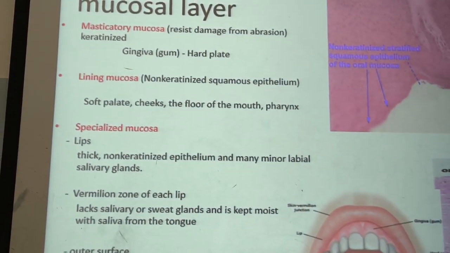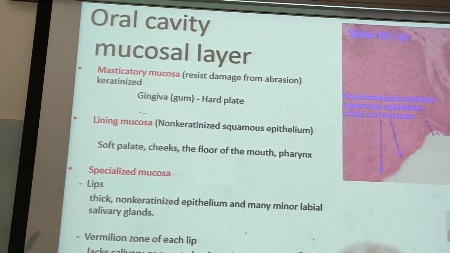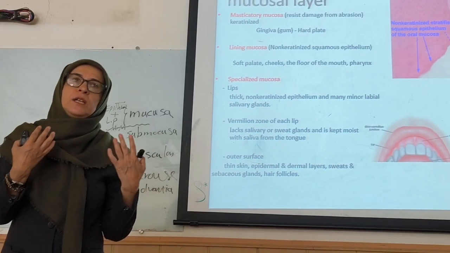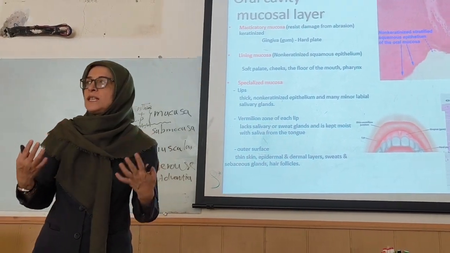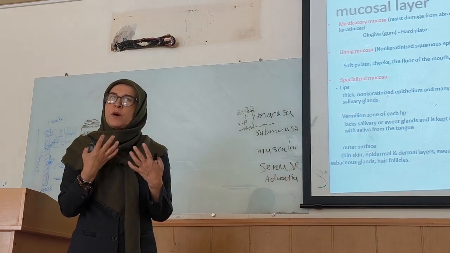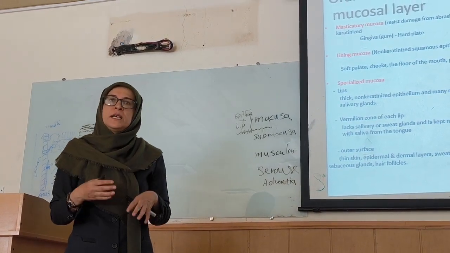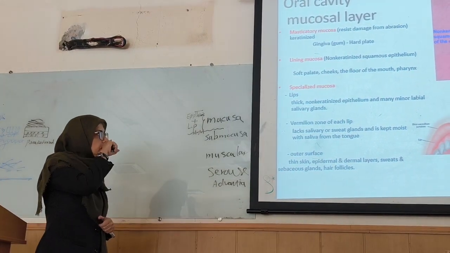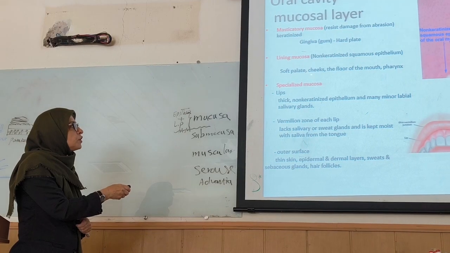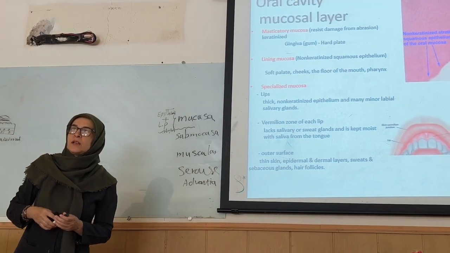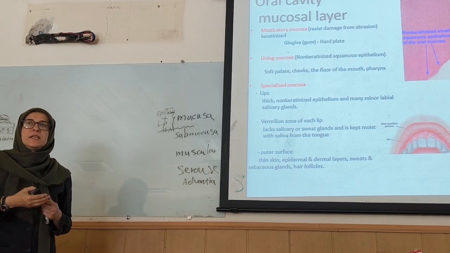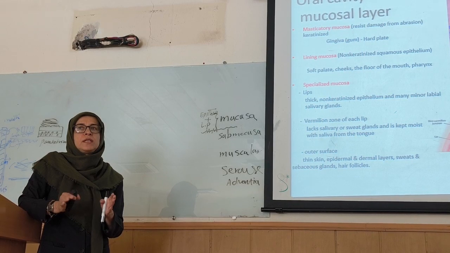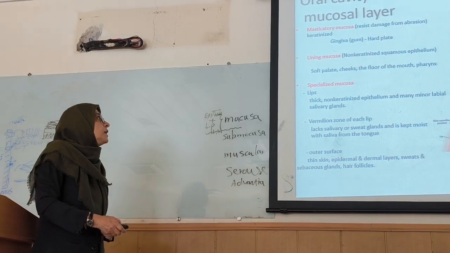The lining mucosa lines most parts of the oral cavity and generally includes the non-keratinized squamous stratified epithelium, such as the palate, floor of the mouth, cheeks, and the posterior part of the oral cavity that connects to the pharynx.